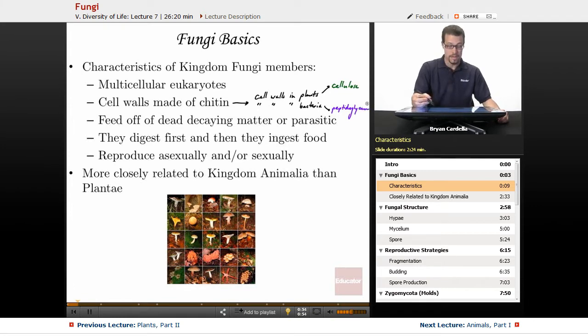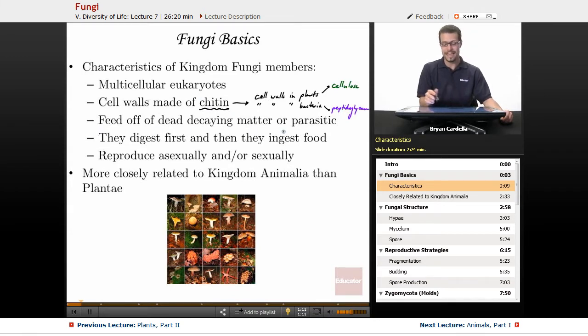So this is definitely unique to the fungal kingdom, chitin. And chitin is one of the many polysaccharides that you can find naturally on Earth. So, obviously cellulose is another polysaccharide, chitin a bit different.